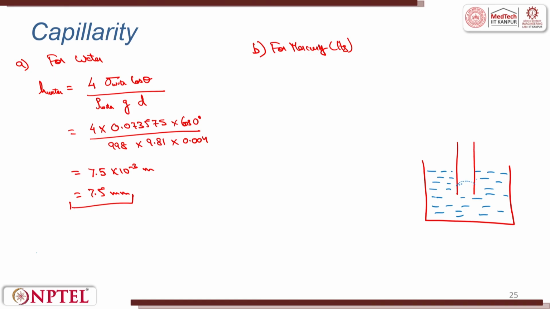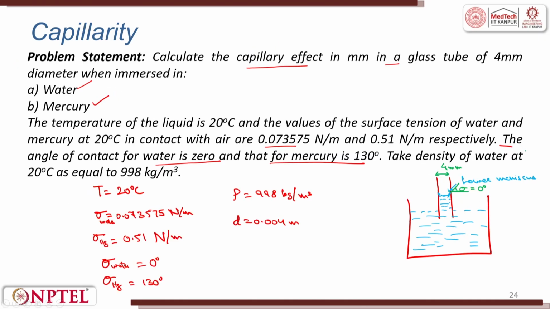Here they have given an angle of 130 degrees, that is, this theta is 130 degrees. This is the upper meniscus. Though in water we have a lower meniscus, here there is no meniscus because the angle is 0.